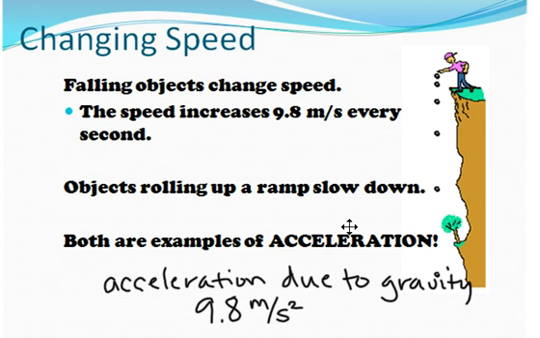Even if you were going to slow this down and put a ball down a ramp, the ball would still be accelerating, though at less than 9.8 meters per second squared, because it's using a ramp. That's a vector problem in itself.